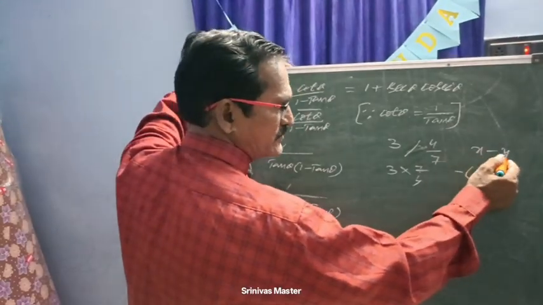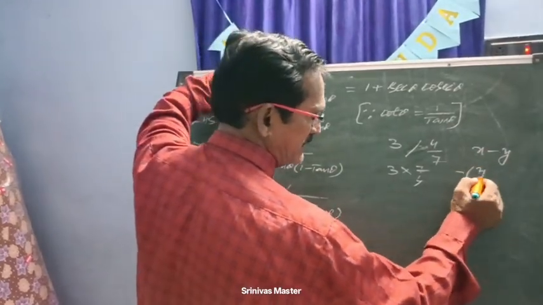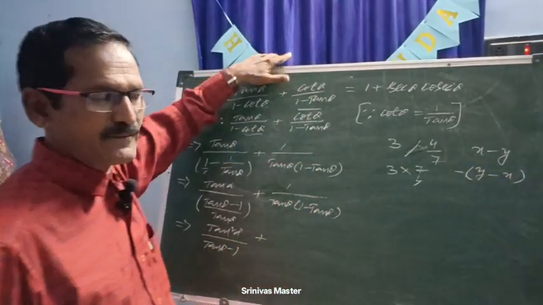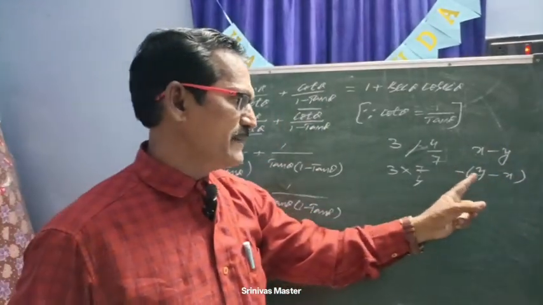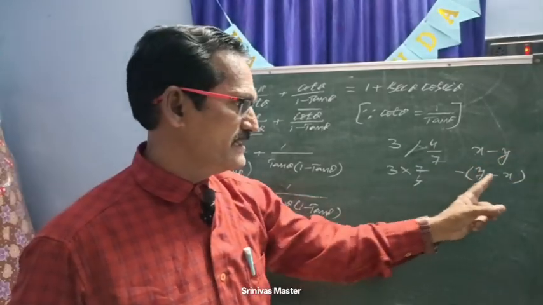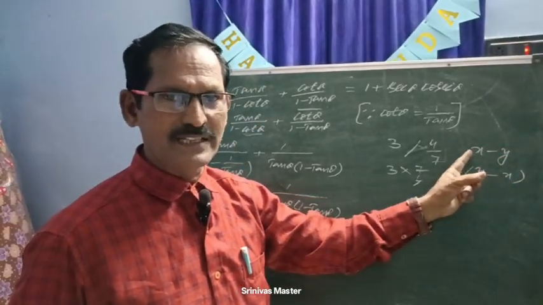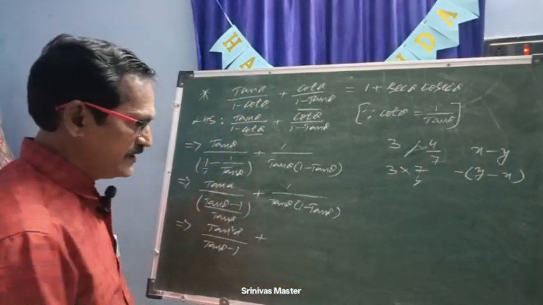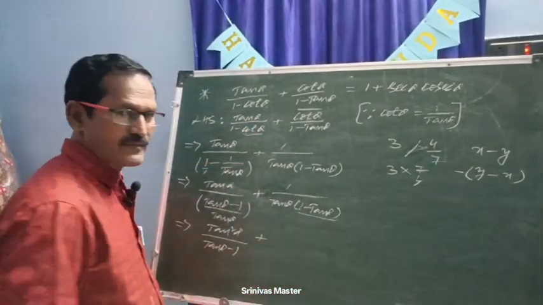Interchange the places of these two. That means x minus y becomes minus into y minus x. Minus into y, minus; minus into minus x, plus x, right? So this concept will be applicable here.